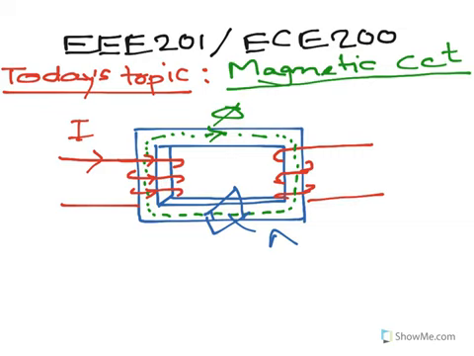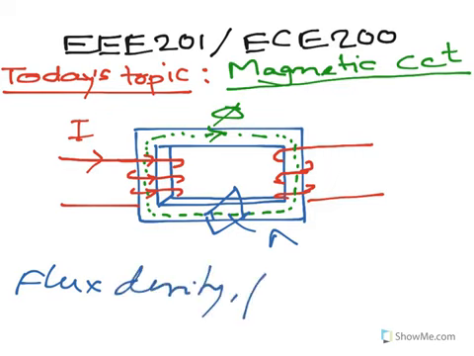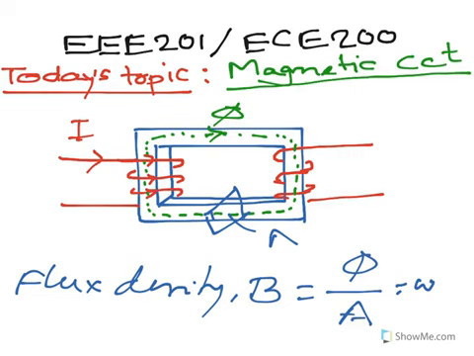So if the flux density is called B, then B will be equal to phi by A. That means the unit is Weber per meter square, or it's also known as Tesla, which is represented by T.